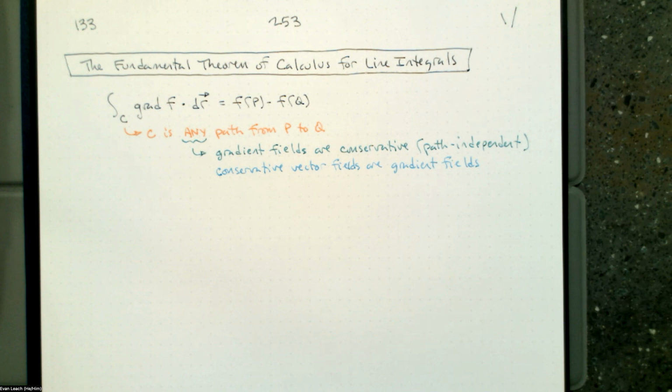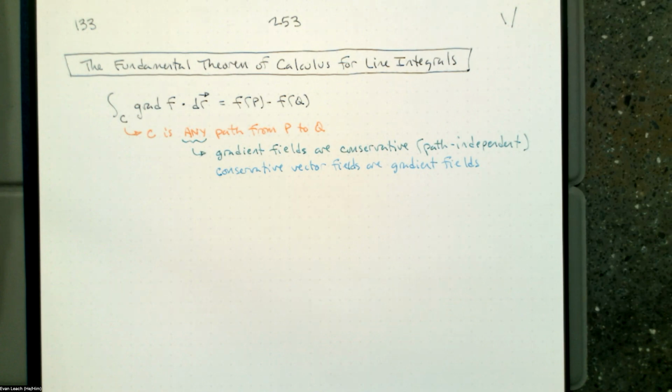Now the gradient of a function will produce a vector field. And it's got to be a function of x and y, or x, y, and z, for the i component, and a function of x and y for the j component.